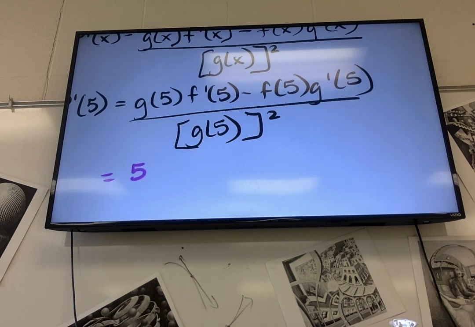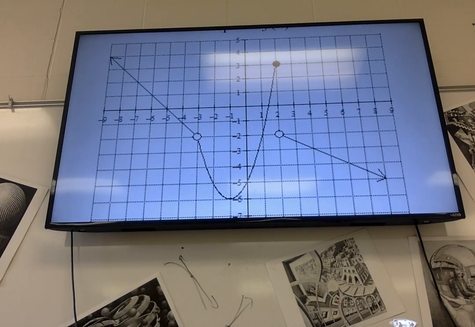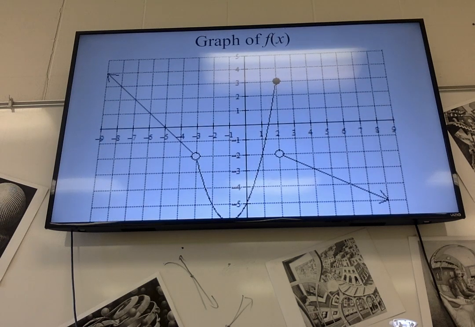F prime of 5. Are we going to have to do some slope thing? Yeah, I think you're right. So f of 5 is here, but I need the slope because it's f prime. So from here to here, I go down 1 to the right 2.